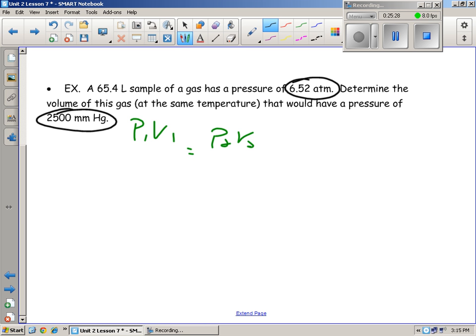And it doesn't matter which one you do, but you either need to change this one into ATM so that you got ATM and ATM, or you need to change this one into millimeters of mercury so you got millimeters of mercury and millimeters of mercury. Okay? Doesn't matter. And if you want, you can change both of them to kPa or PSI for that matter. I really don't care if you want to do more work, but I would pick one and change it.